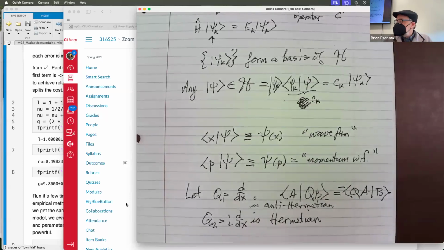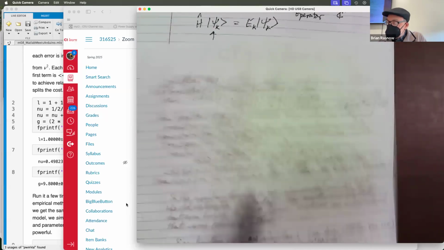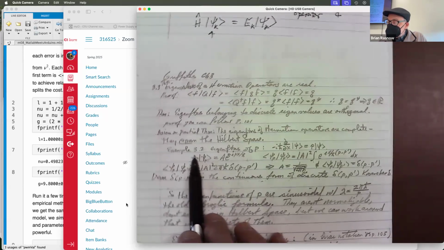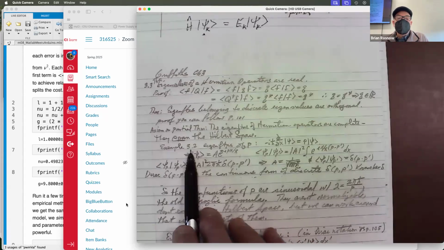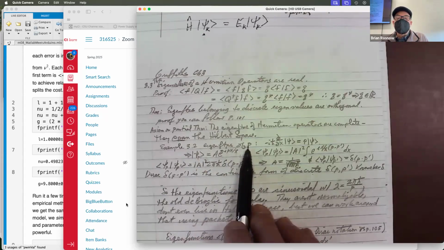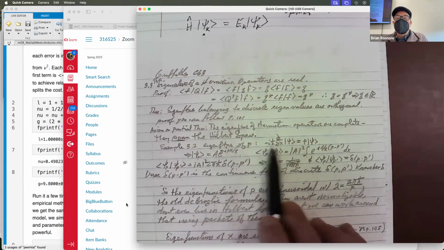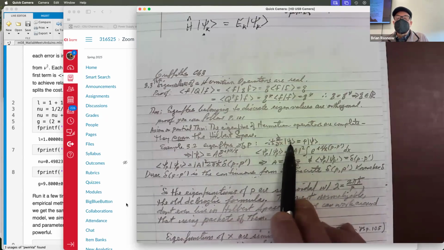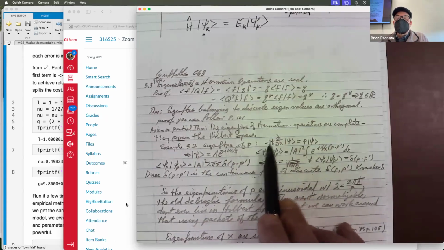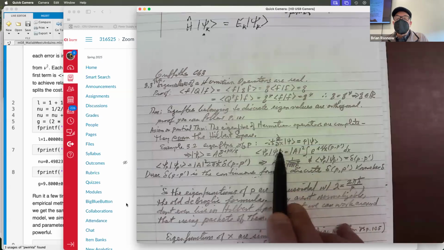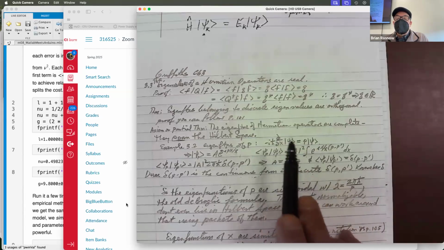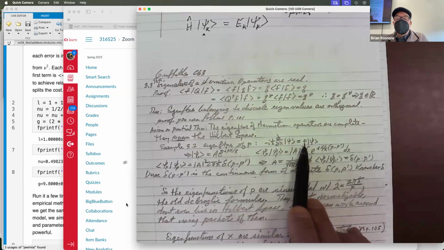Okay, so let's see. Example 3.2 in Griffiths, eigenfunctions of the momentum operator. We're looking for what kinds of functions is it that minus i h bar d by dx acting on a function is equal to a constant times that function.